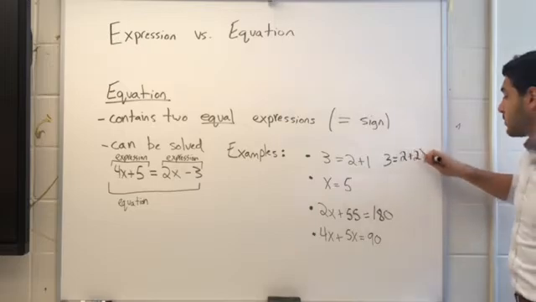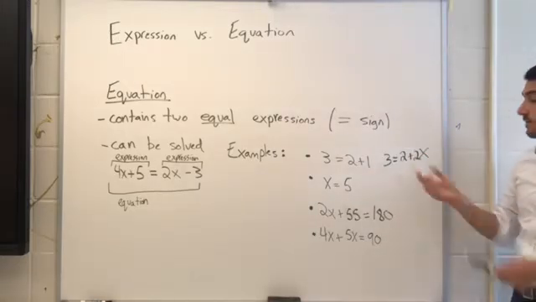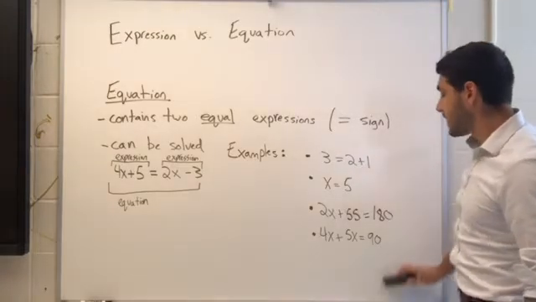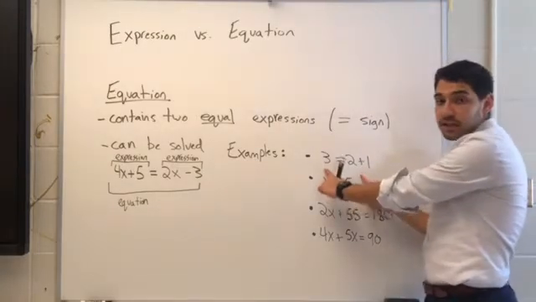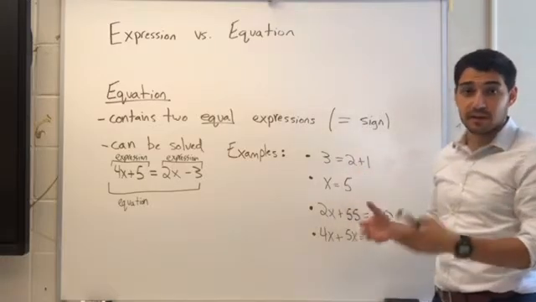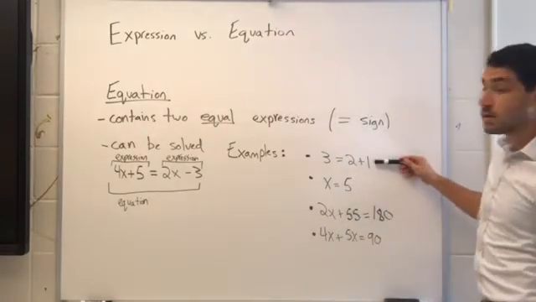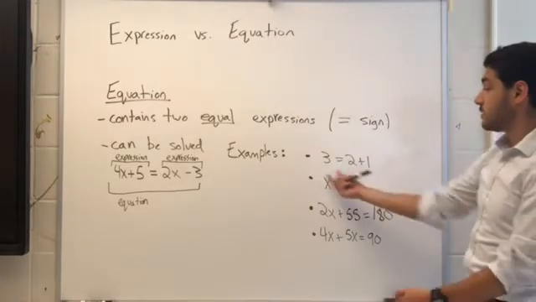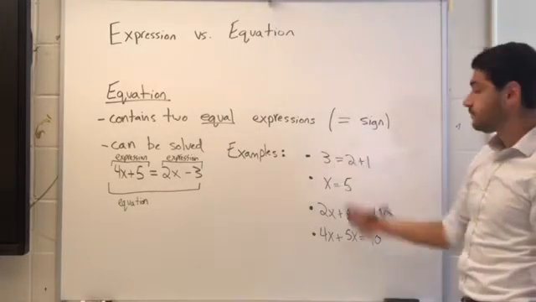We cannot say that. This is invalid. So the thing about equations is that both sides of the equal sign have to be equal to each other in order for it to be a valid equation. So this one works because 3 is equal to 2 plus 1, and these two expressions are equal.